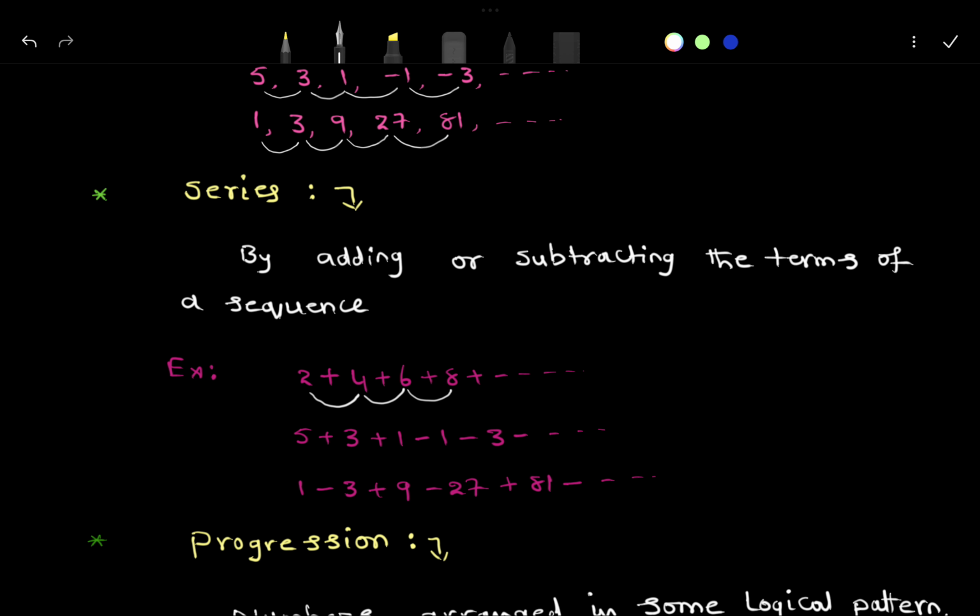So before the addition, these numbers satisfy a sequence. After that, either by addition or subtraction, that expression is called a series, right?